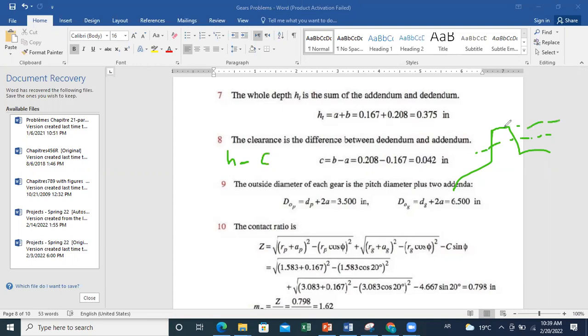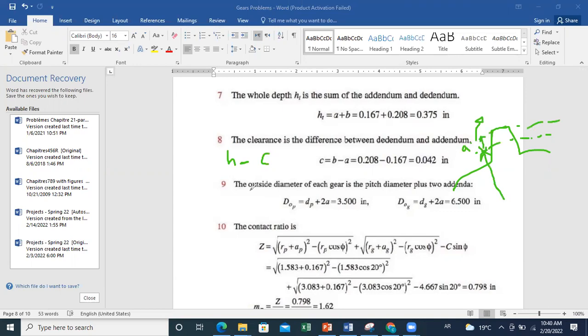This is what they are asking about. This is the outside diameter of each gear, what we call the addendum circle. If we know the pitch radius and we add to it A, we get the radius of the top circle, the outside circle.